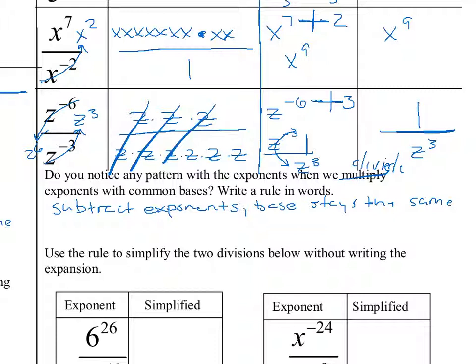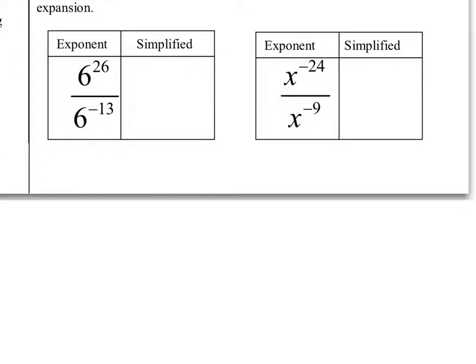Questions? All right. So now we've got two problems down here that I want us to do by rule. These are ones where it would be unreasonable for us to do expansion. So I have 6 to the 26th. Since it's division, our rule is to subtract minus negative 13.